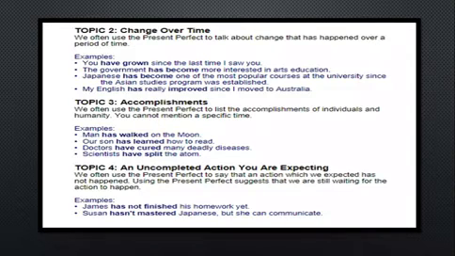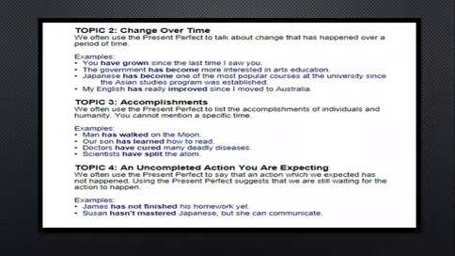The government has become more interested in arts education. El gobernador ha llegado a estar más interesado en la educación artística. Japanese has become one of the most popular courses at the university since the Asian Studies program was established.